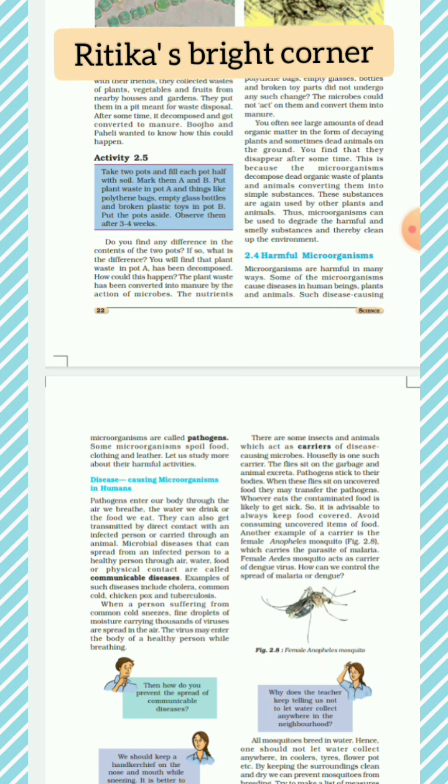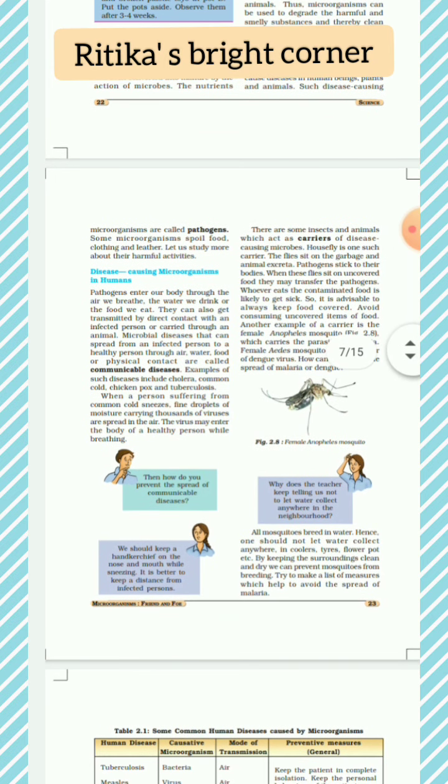Now, there are some insects and animals which act as carriers of disease-causing microbes. As you can see here on page number 23, there are insects like the housefly and the female Anopheles mosquito. A housefly sits on garbage and pathogens stick to its body.